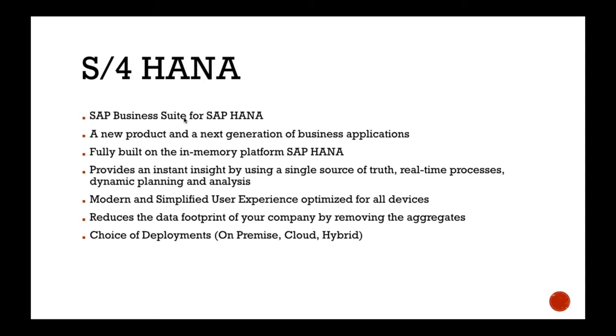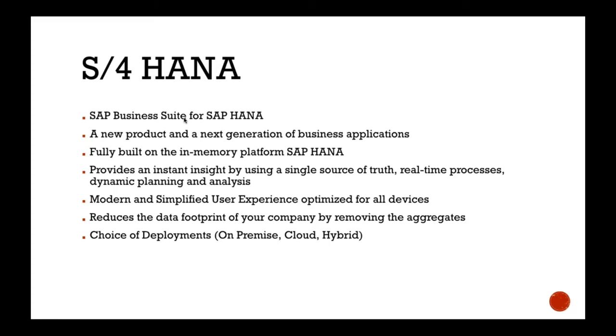That is the reason, if you see the full form of SAP S4 HANA, it is SAP Business Suite for SAP HANA. This "for" is very important. What you are able to see, this 4, is nothing but "for". At the same time, sometimes SAP even calls it fourth generation, which means the new generation requirements which are coming into the picture now.